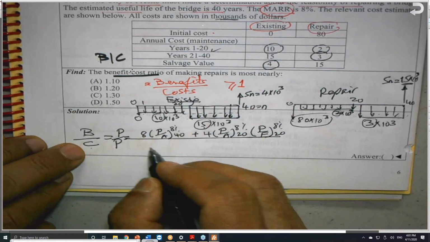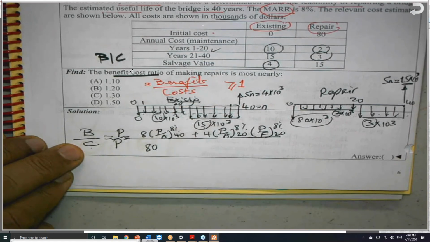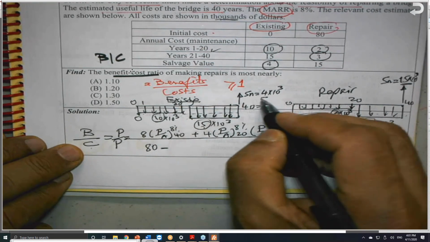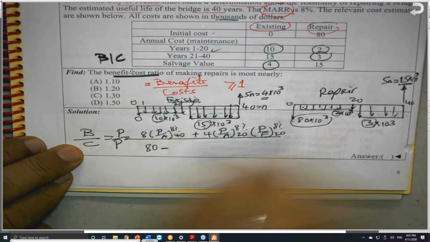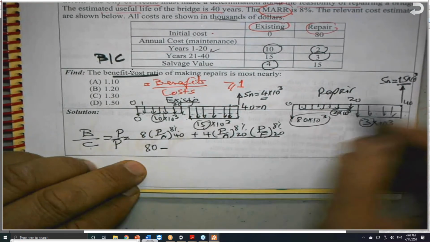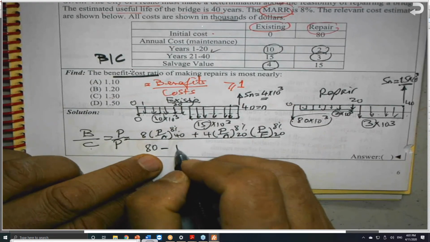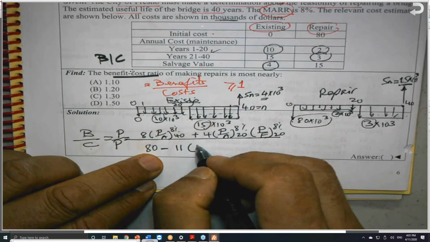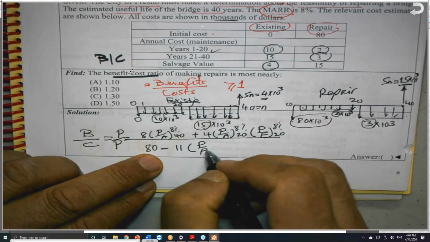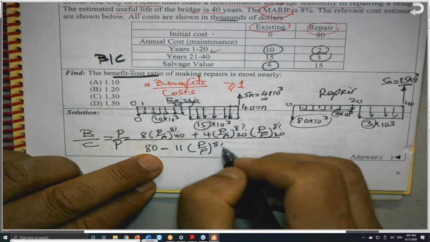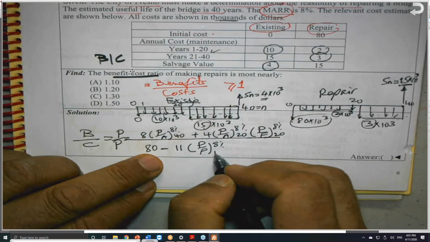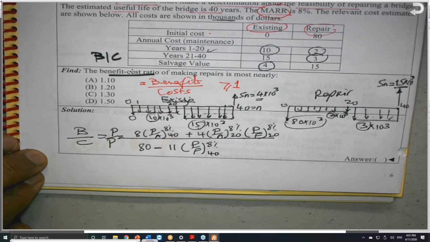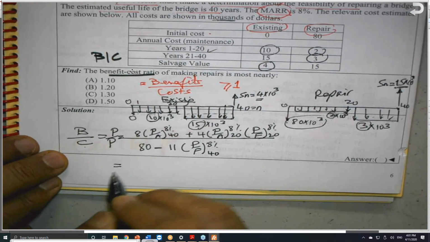Cost, I have 80,000 already, 80. I'm not putting the 1,000. Minus. I have here 4 and I have 15 here. So 4 and 15, the difference is 11. And this is an F. I need to get it to P. So I say that it is P over F for 8% and N is equal to 40. I will get the factors very quickly.